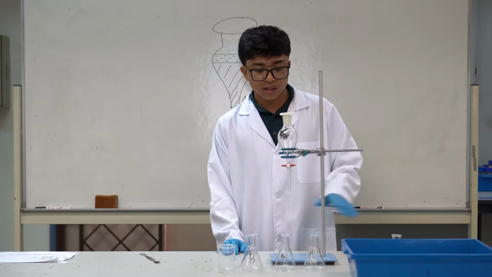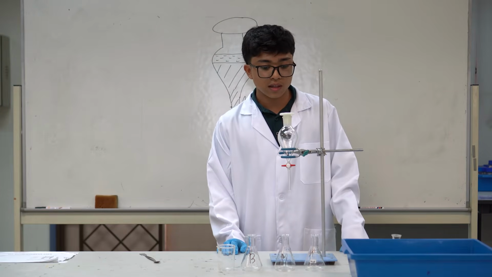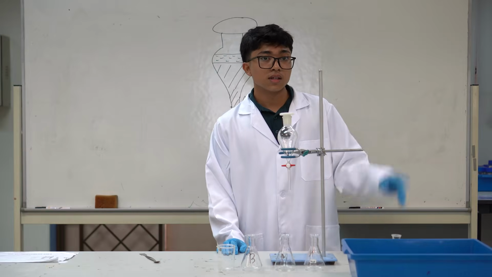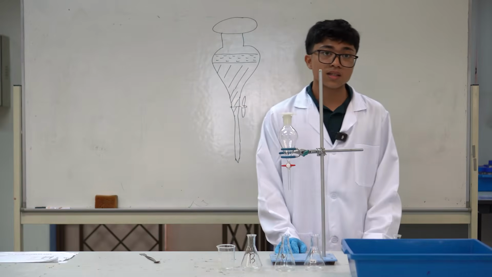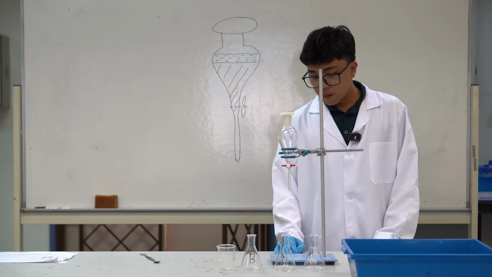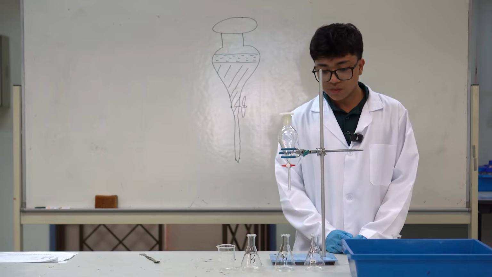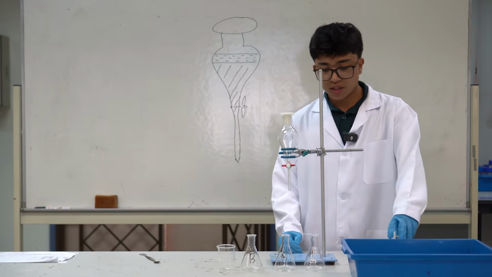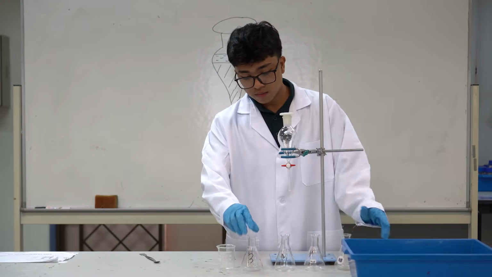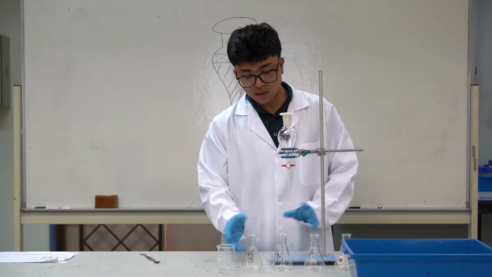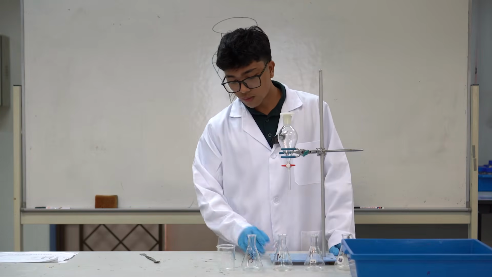All of the extraction should be done in the fume hood, since the fumes are dangerous. Before we start the experiment, make sure that everything is labeled correctly, because we don't want it to be mixed.